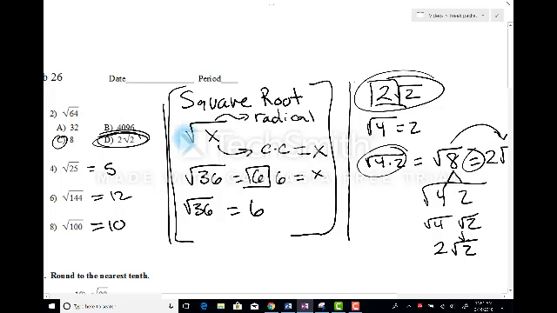It's because when we take the square root of the number underneath the radical, it results from a number being multiplied by itself to give you the number underneath the radical. When we take the square root of this, we get this number. Therefore, when we take the square root of 36, we know that 6 times 6 is 36. So the square root of 36 is going to give you 6.